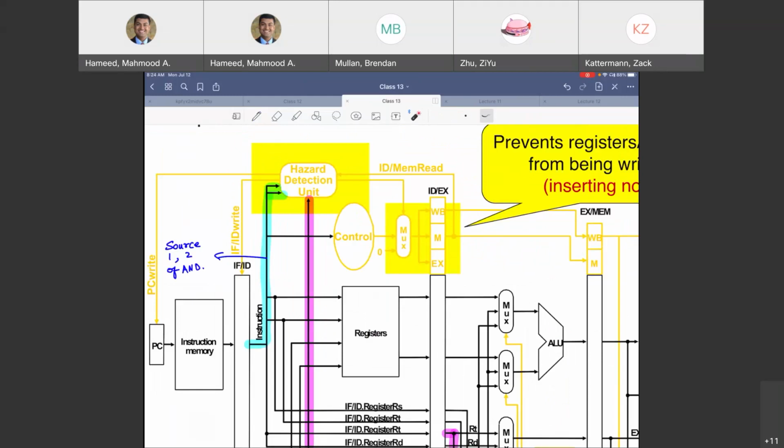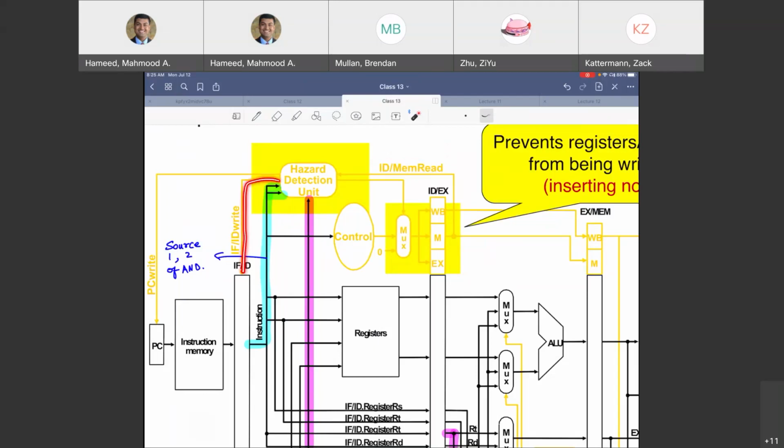So inputs: mem read, the destination of the load instruction's register, and the sources of the instruction following that. Those are the 4 things that are inputs to the hazard detection unit. This has to be a 1. This has to match one of these, right? If that is the case, then you have detected a load use hazard. Outputs.